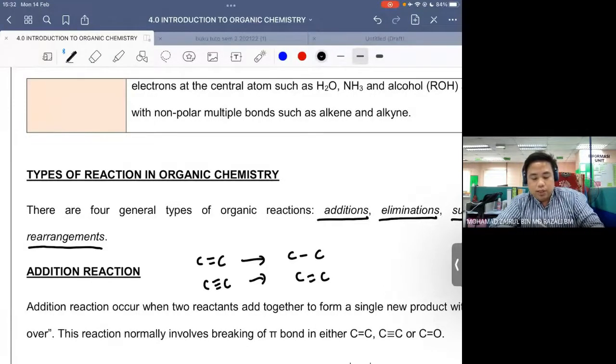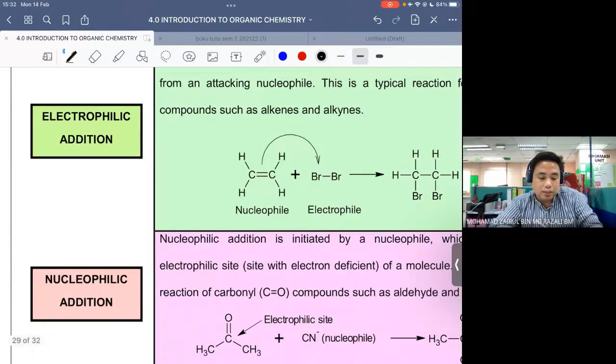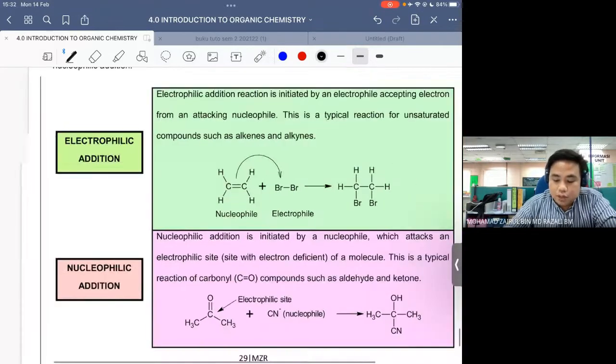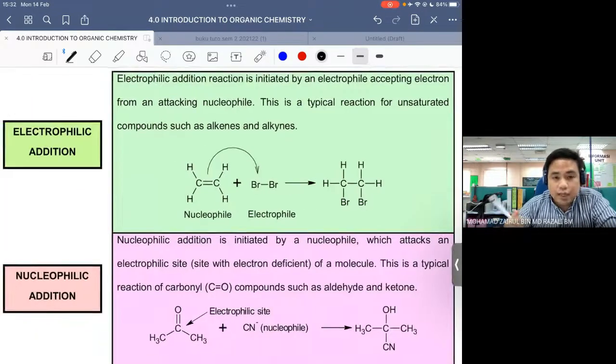Okay, so for addition reaction ini, for this case kita ada 2 different type. We have electrophilic addition and we have nucleophilic addition. Nucleophilic dan electrophilic addition semua ni kita akan belajar secara spesifik waktu kita dah masuk chapter tu.